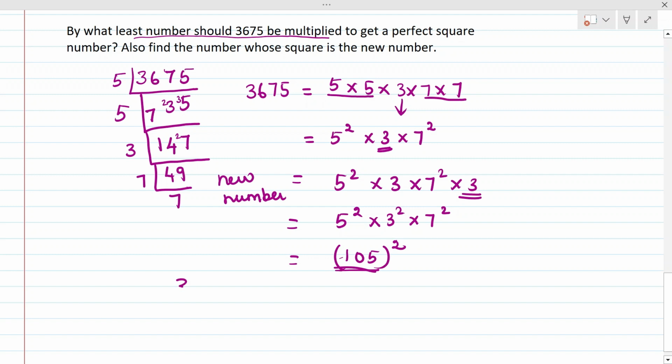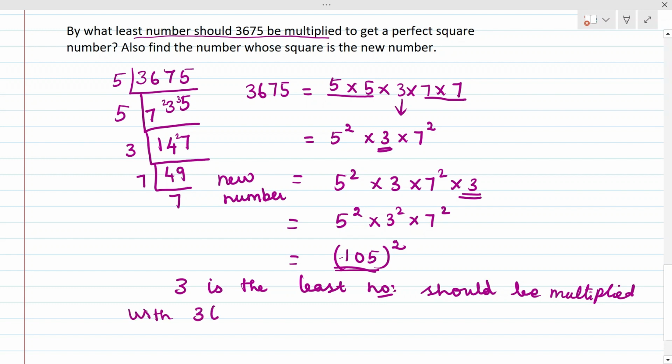So 3 is the least number that should be multiplied with 3675, and the new square number is 105 squared. So this is the answer for this question.